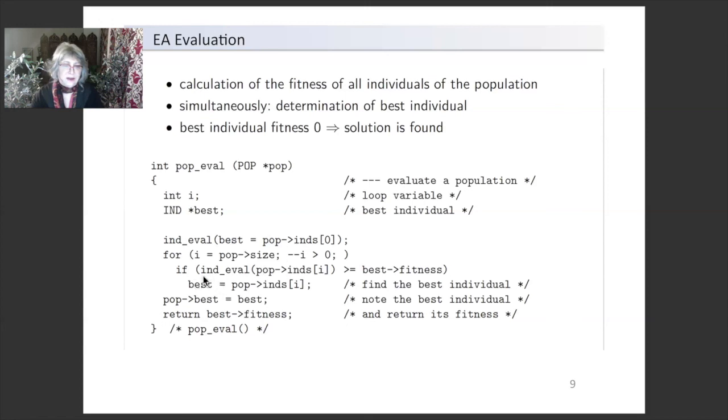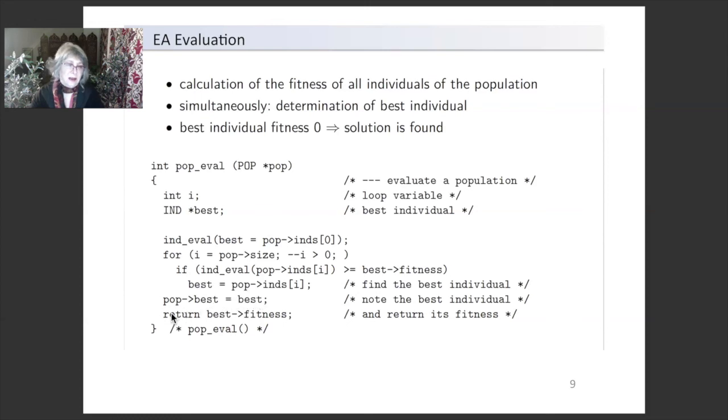So we are setting best as the individual at location I. In the loop, after we consider each individual, and best is adjusted meanwhile, when the loop ends, we are setting the best of the population as whatever was found here as best.